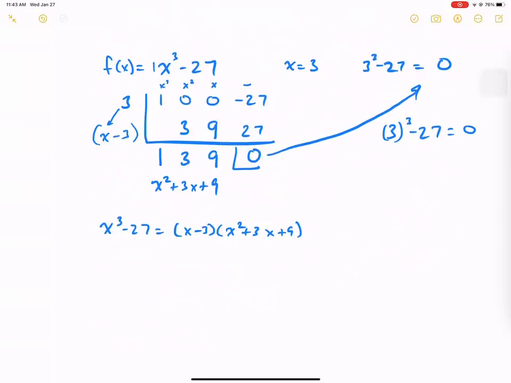The rule to factor a difference of two cubes: a cubed minus b cubed is equal to a minus b times a squared plus ab plus b squared, where a is x and b is 3. So x squared, then x and 3, which is 3x, and b squared. This is just bringing it back to Algebra 2, where we've done this before, and we can use synthetic division to actually factor problems out.